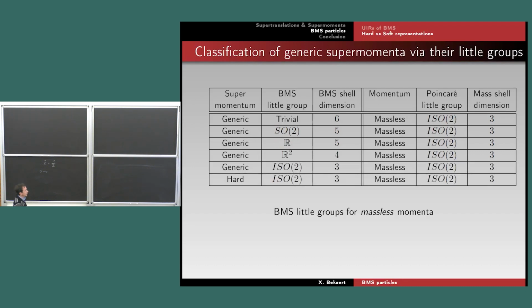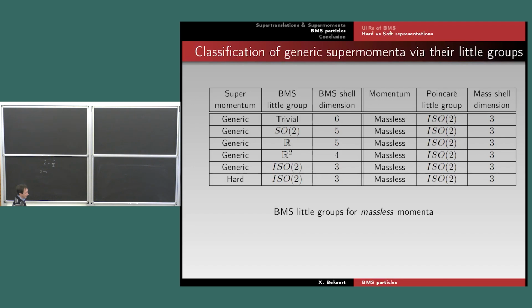And what we did also is to look at the massless case, and you can see you have various little groups: SO(2), but you could also have R², and ISO(2), which does not coincide with the hard case.